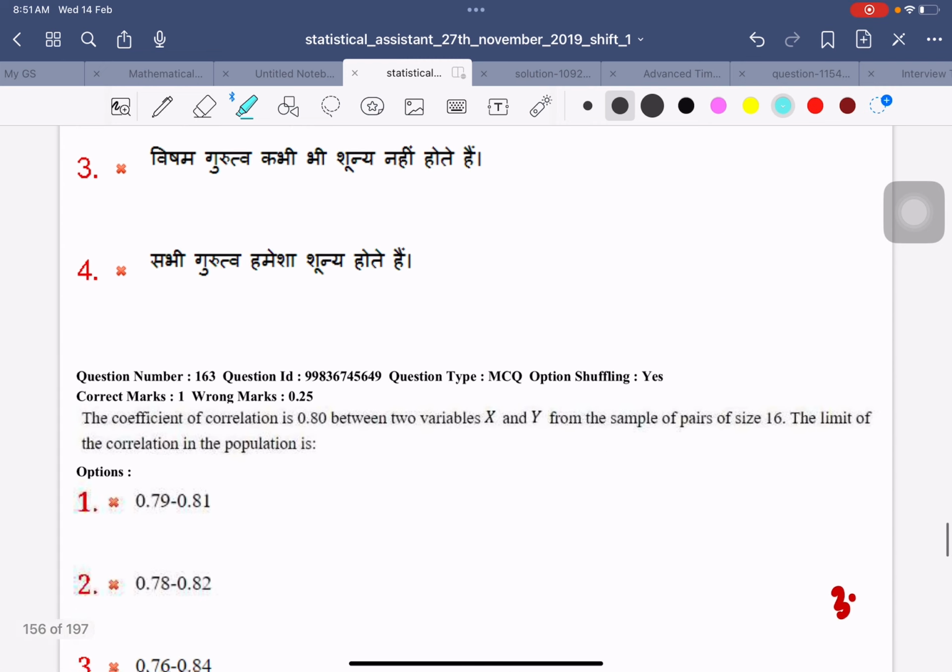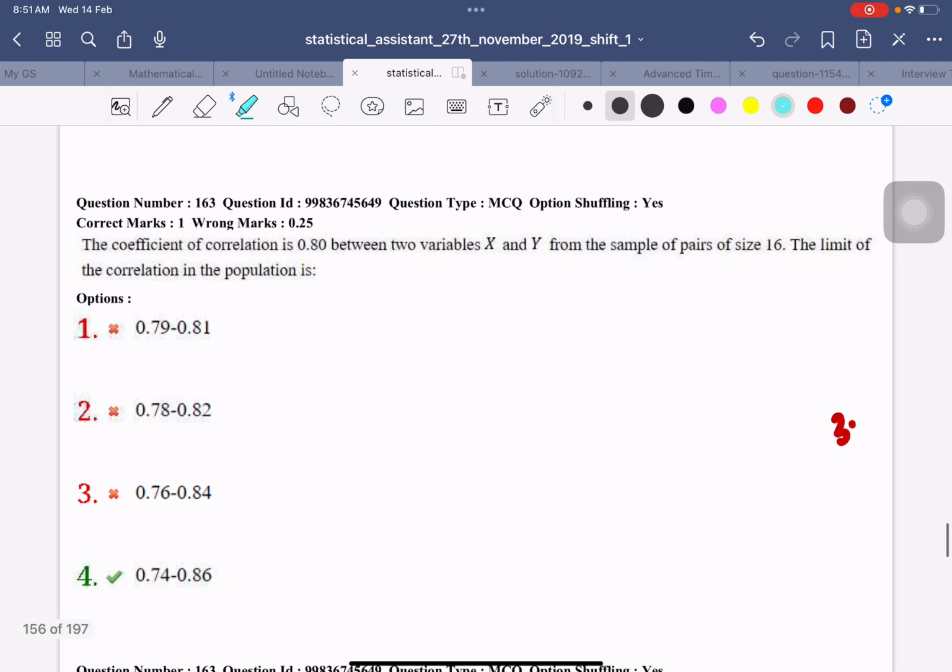So the next question is, the coefficient of correlation is 0.80 between x and y for a sample size 16. The limit of correlation in the population is. तो जब भी ऐसा क्वेश्चन आए तो सबसे पहले हमें क्या करना होता है?